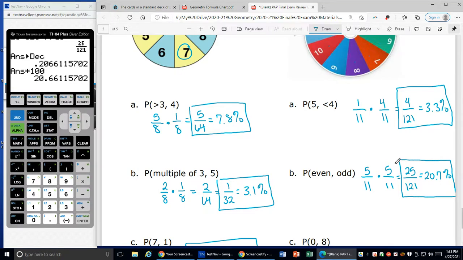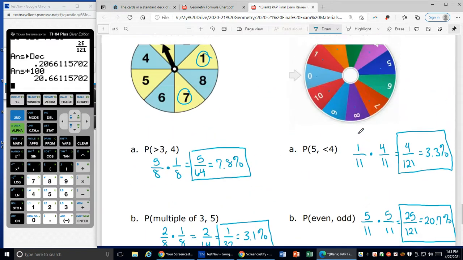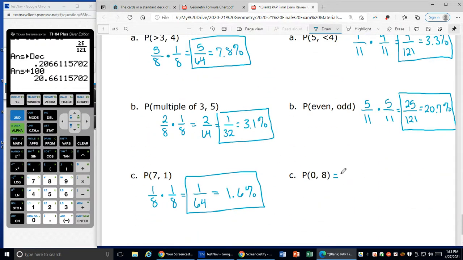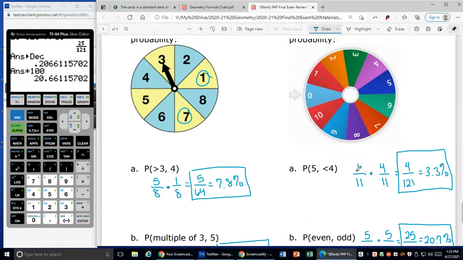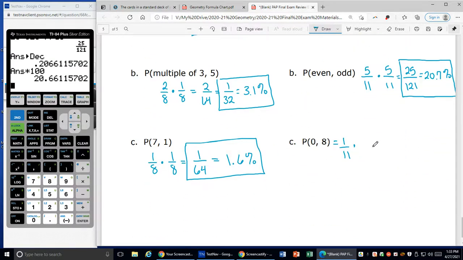Okay, let's look at the probability of landing on 0 and then landing on 8. So 0, there is 1 0 on that whole board. So 1 out of 11 times 8. There is 1 8 on this whole board. So again, 1 out of 11.